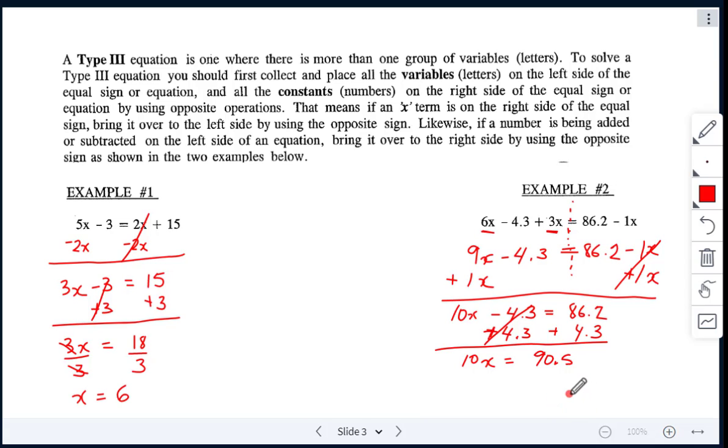Now it looks like a type 1 equation. Now I just have to divide by 10 on both sides. Okay, that will now leave me with x is equal to, divide these, and I get 9.05.